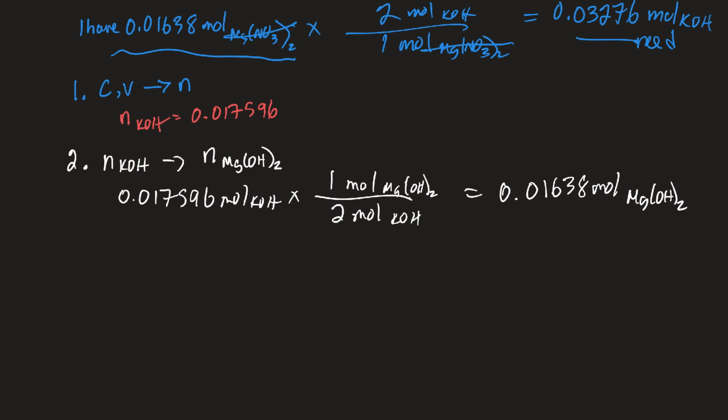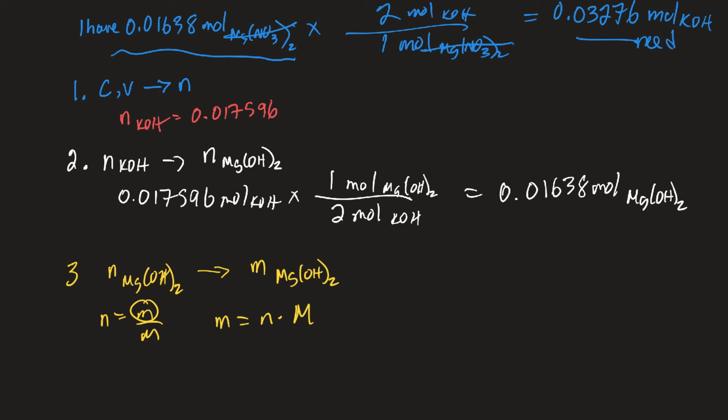So step 3 is to take the moles of magnesium hydroxide and convert that to mass of magnesium hydroxide. Formula, moles is equal to mass over molar mass. I want to solve for mass. So mass is moles times molar mass.